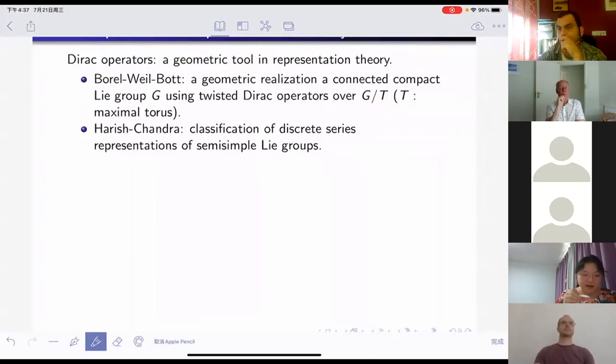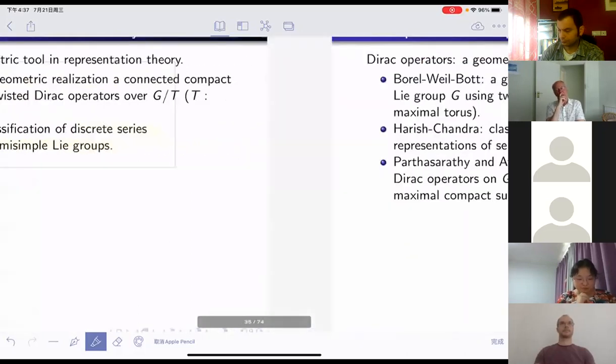Okay, and after Harish-Chandra's classification of discrete series representations for semi-simple Lie groups, one has a more analogous result, as the Borel-Weil-Bott theorem generalized to the non-compact group.